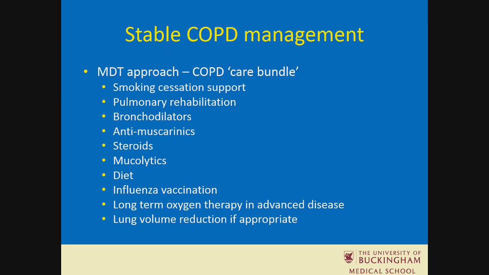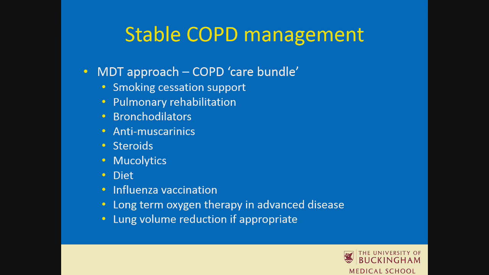And lastly, in some carefully selected patients, especially those who have severe emphysema in their upper lobes or they have bulla, you can send them to a surgeon for what is called bullectomy or lung volume reduction. The logic is, if you take away the non-functioning part of the lung, the functioning part of the lung will somewhat inflate and take up that space.